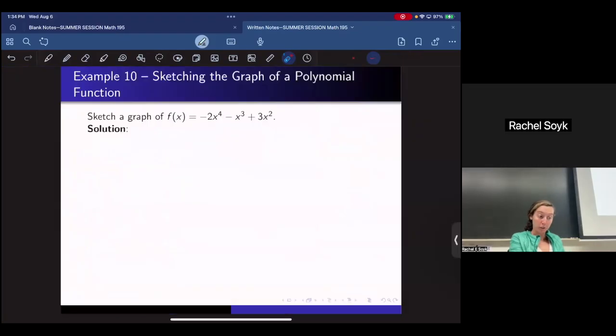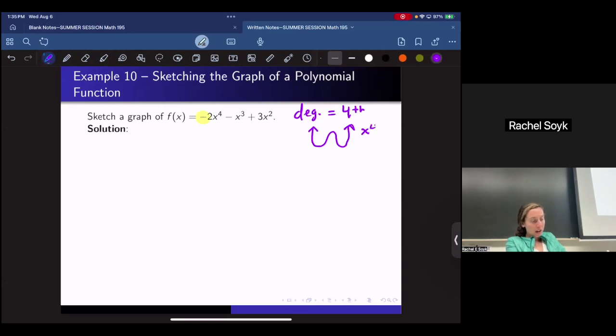Let's look at another example together, where now we have a quartic function, and that just simply means that our highest degree is 4, which means we have 4 minus 1, aka 3 humps, our W-looking graph. But it's negative, so this is a version of x to the 4th, whereas negative x to the 4th is going to be reflected across our x-axis.